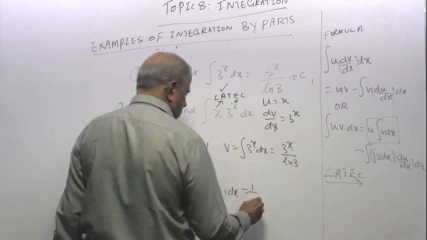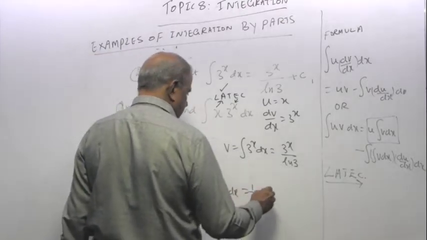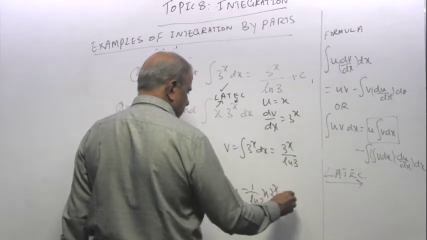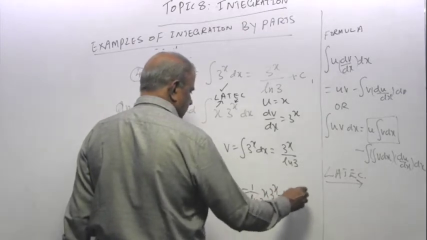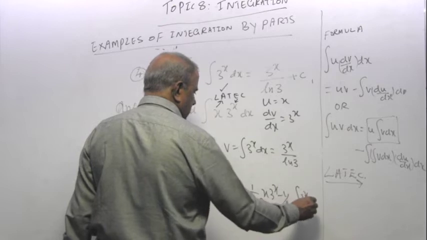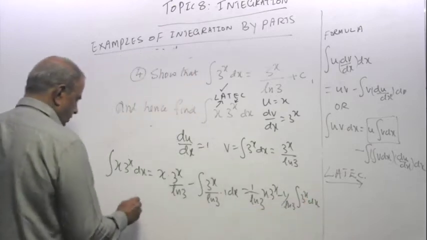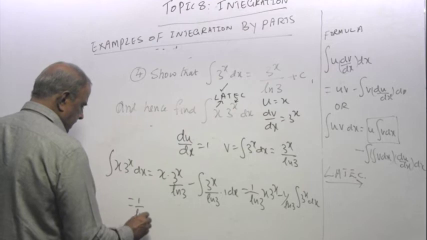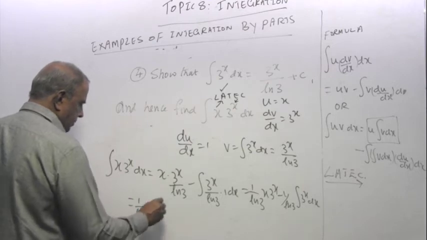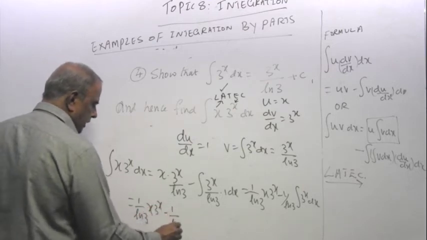That is 1 over ln 3 x 3 power x minus 1 over ln 3 integral 3 power x dx. So it is 1 over ln 3 x 3 power x minus 1 over ln 3 whole squared.